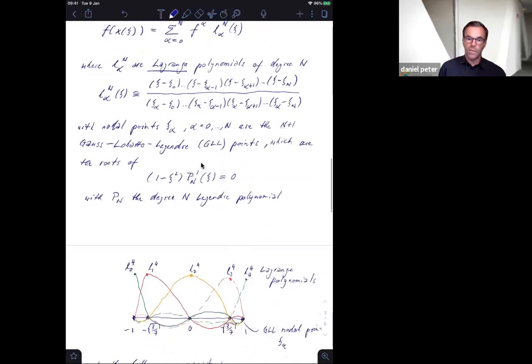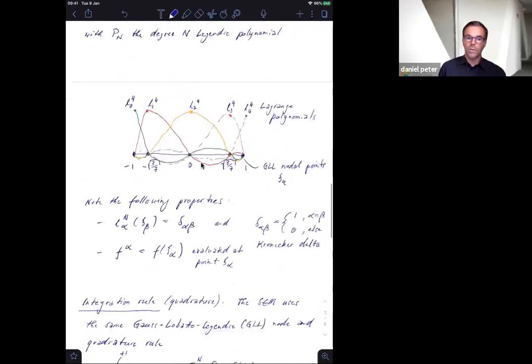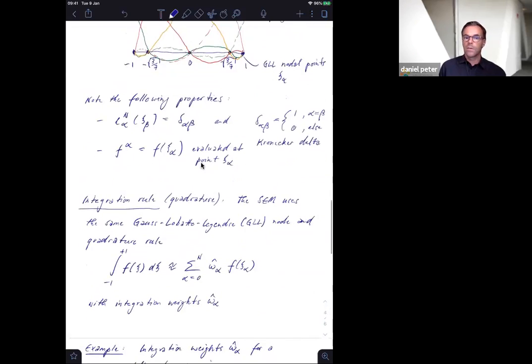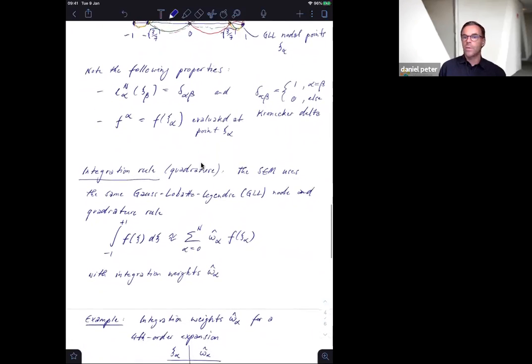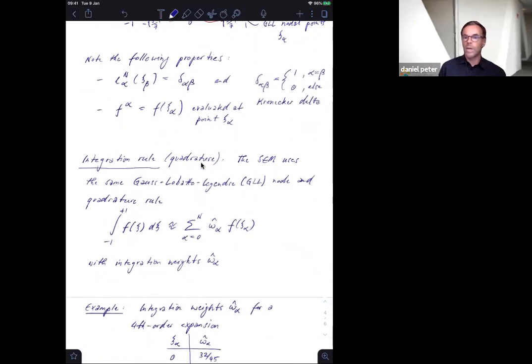And then it uses this particular quadrature rule, the Gauss-Lobatto-Legendre quadrature, where we just approximate these integrals as a sum with weights of the function evaluated on these nodal points.